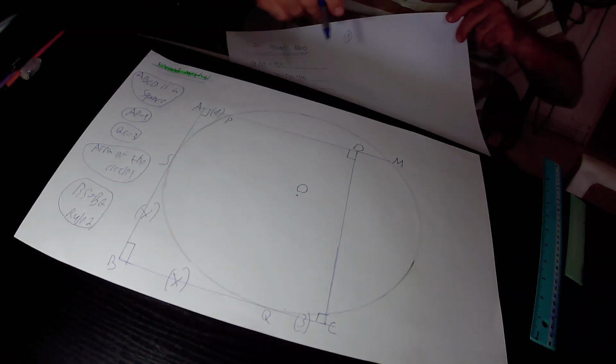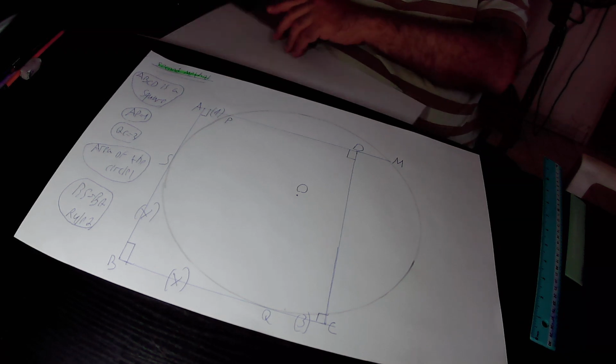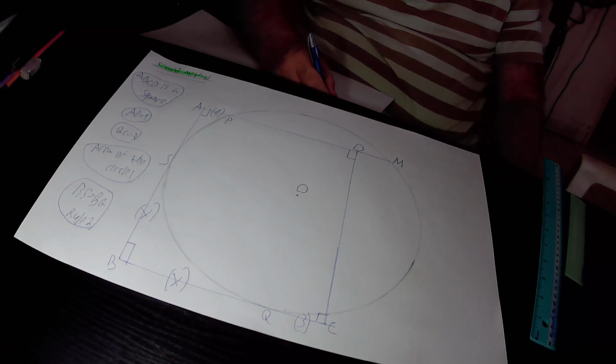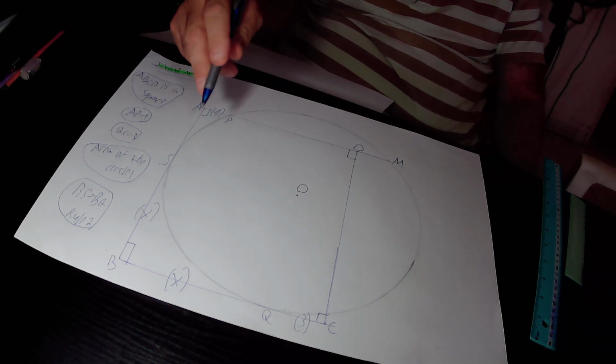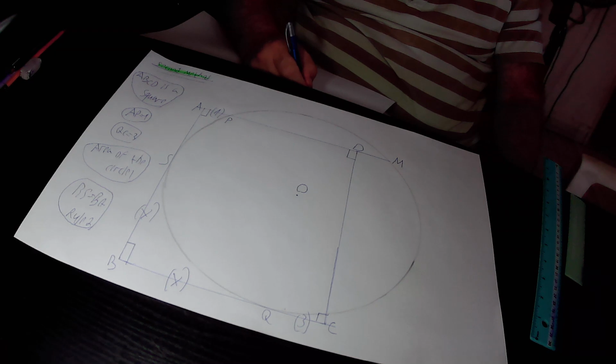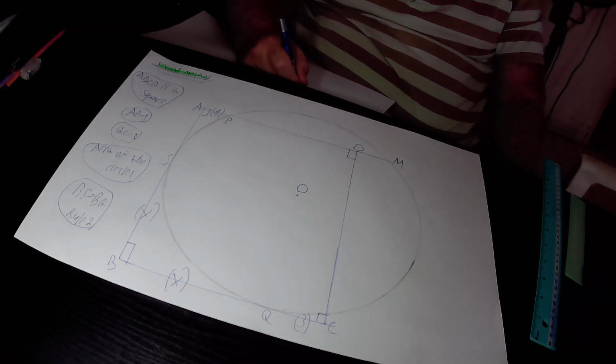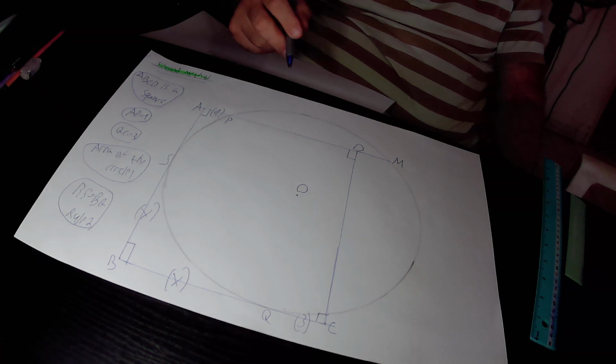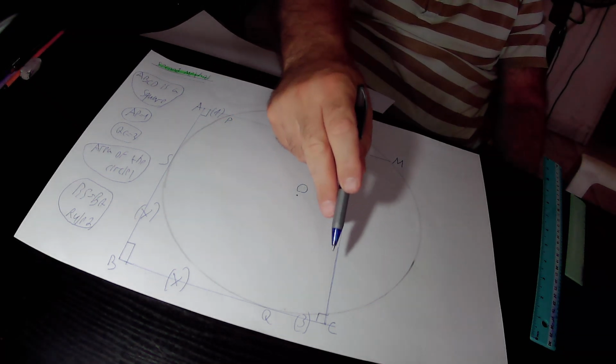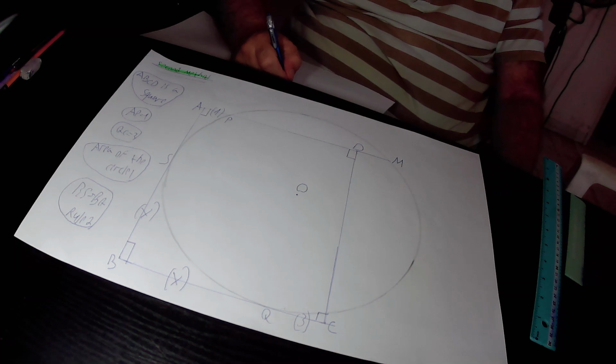AS is the missing side, so we leave it as it is. Plus SB, SB is x. And this equals BQ, BQ is also x. Plus QC, QC equals 3 units, according to what is given in the question.